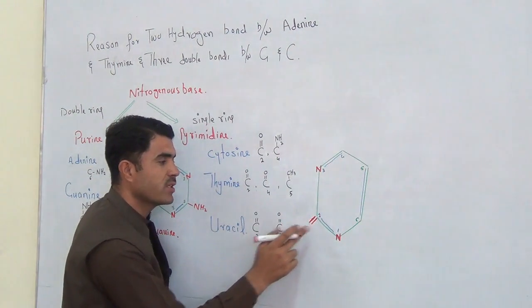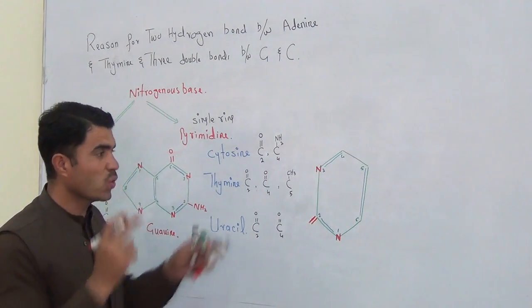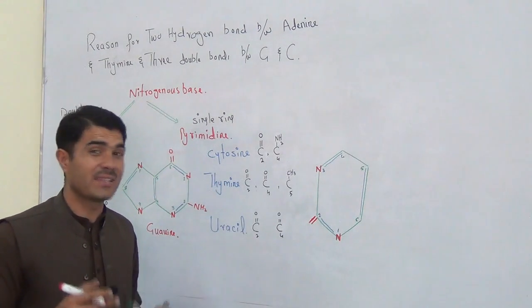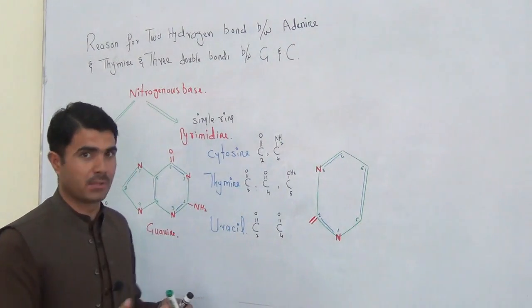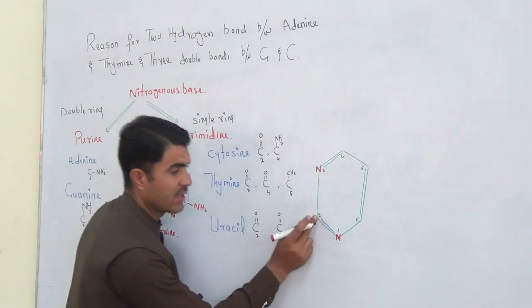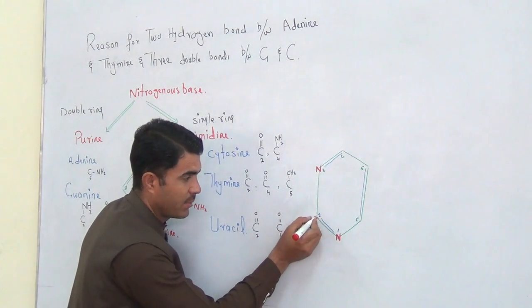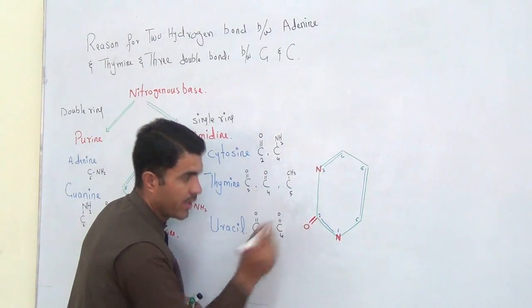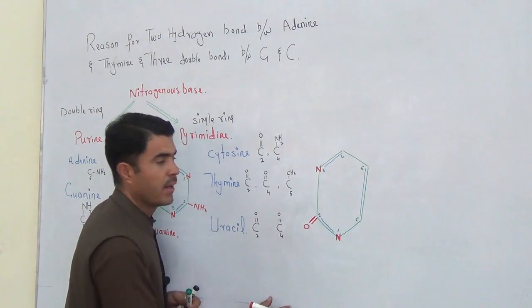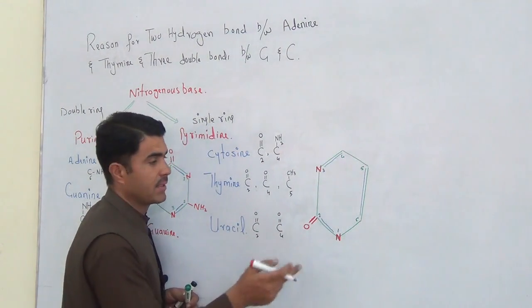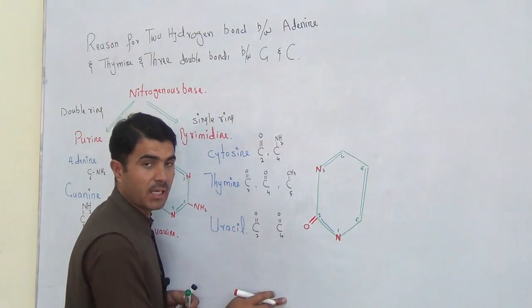At the C2 position, remember those corners on which nitrogen is not present, all those corners mean that there is carbon. So at carbon C2 there is a double bond O here. We usually don't write C, because everyone will understand the corner shows carbon.